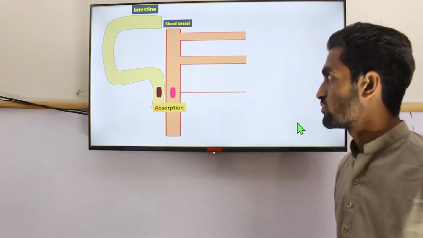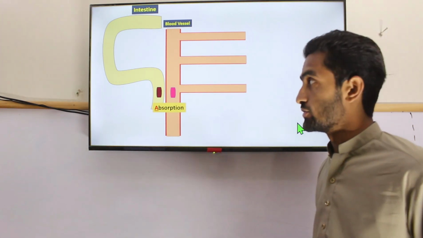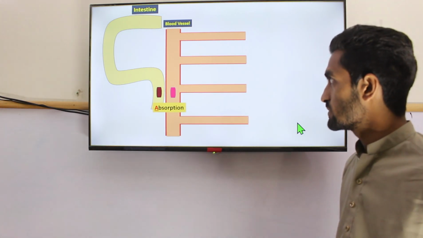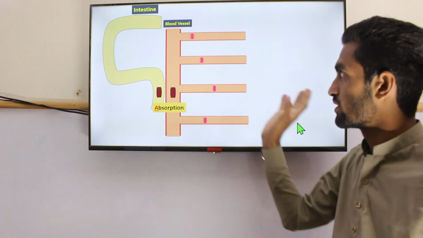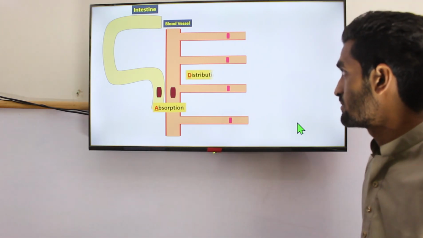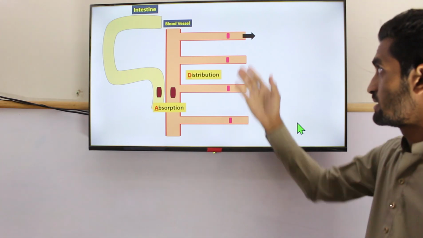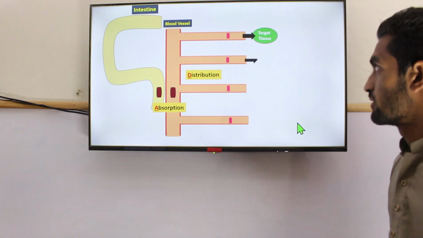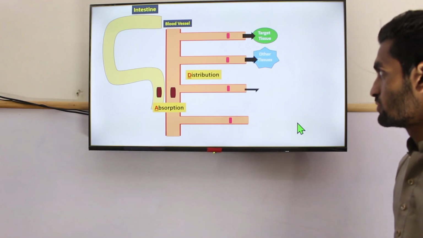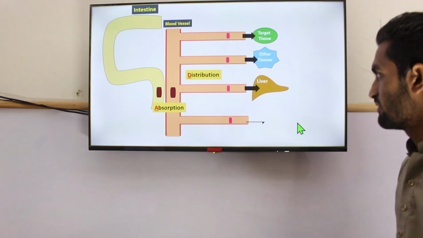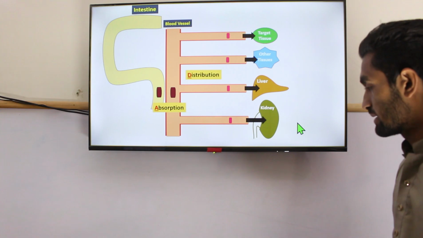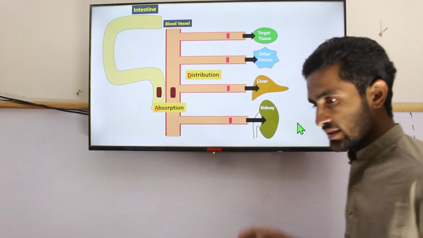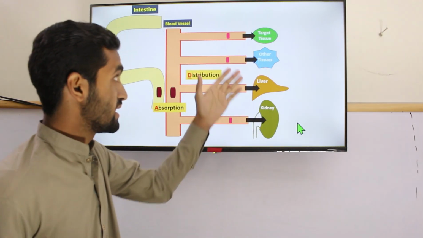So this drug has to distribute into different tissues. Let's say this drug is going to distribute into different tissues. For example, it reaches your target tissue, and goes to your other tissues, the liver and the kidney. So there is importance for each target.